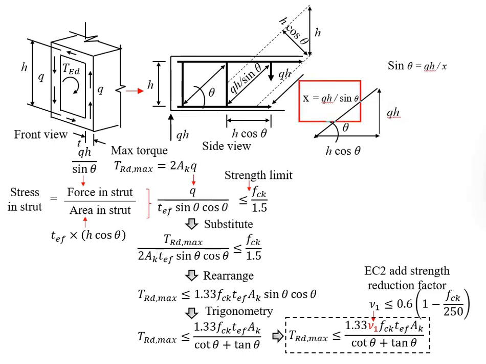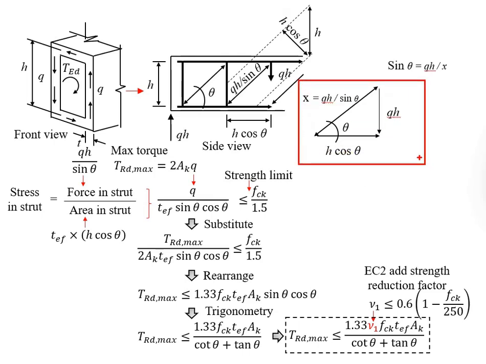This forms a right angle triangle here, with the vertical component equal to QH, which is this force, and then horizontal component equal to h cos theta, which is this width.